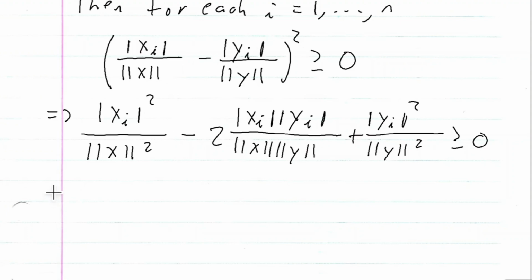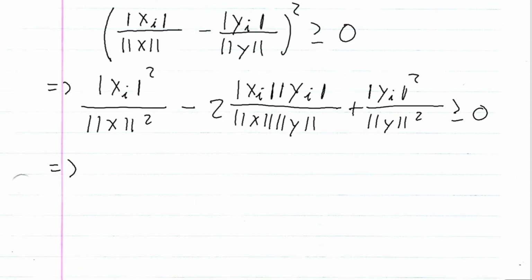Now, what I know is I can add this term to both sides and the inequality will still remain. So if I add this term to both sides, I'll have... And another thing to keep in mind, the absolute value of any real number squared is just that real number squared.